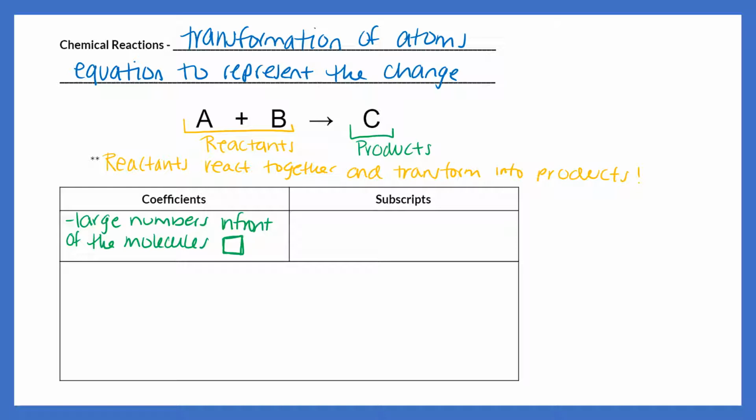And subscripts are the small numbers after the molecules. Okay, and we're going to represent those by a circle. So let's look at this chemical equation.